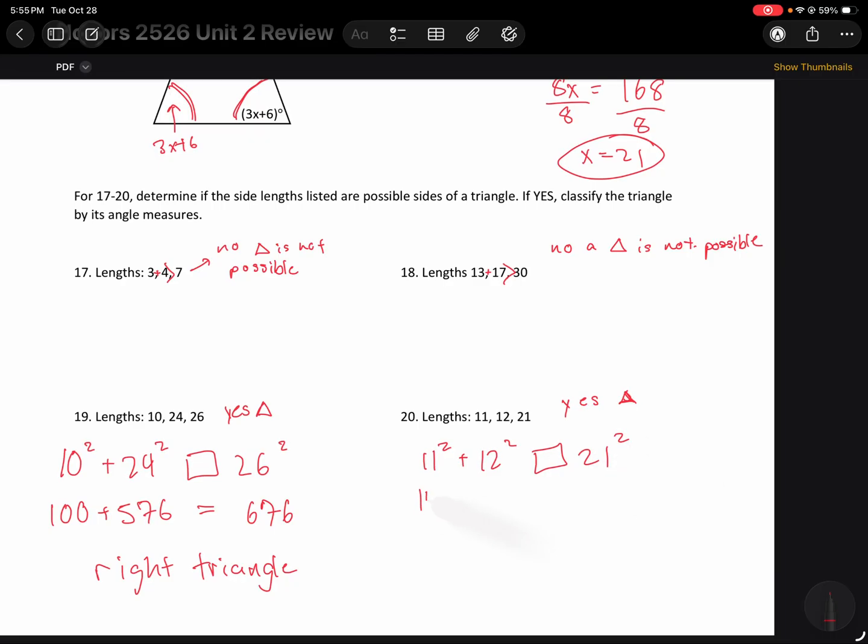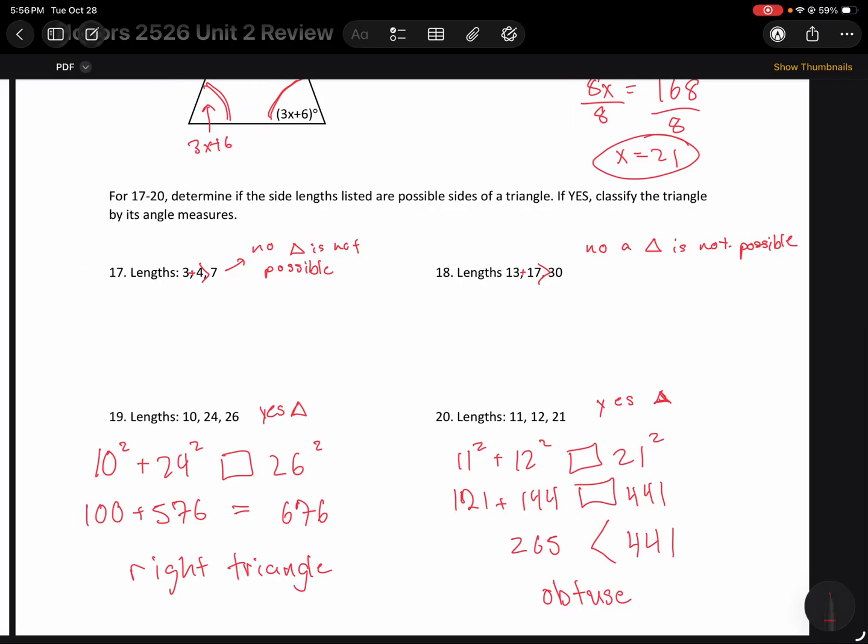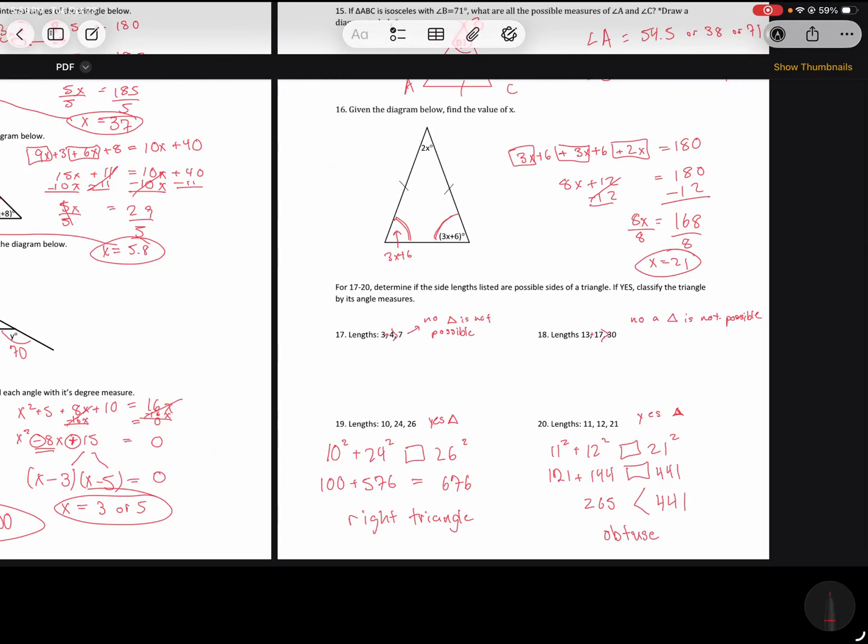So this will leave me with 121 plus 144, compared with 441. So this is 265, which is less than 441, and this will end up giving me an obtuse triangle. And that should be it for the honors review.